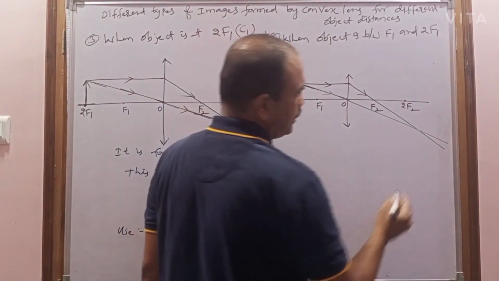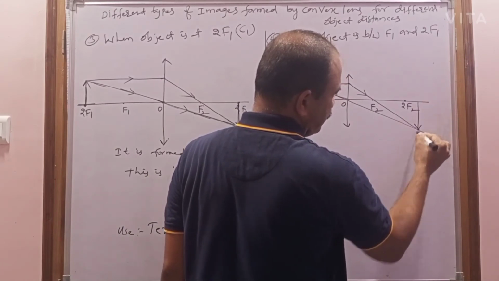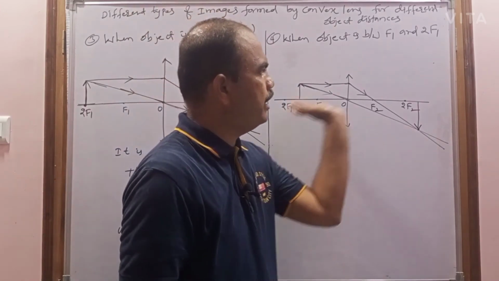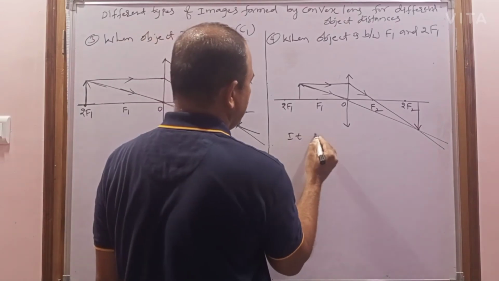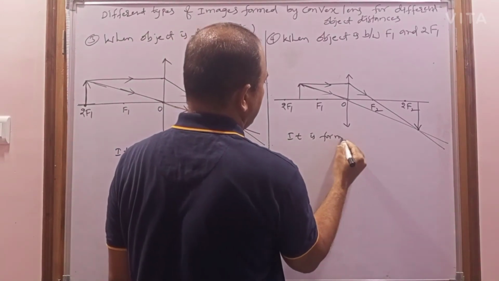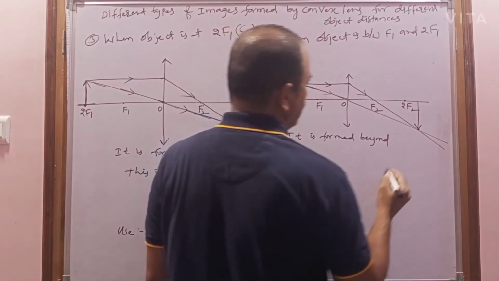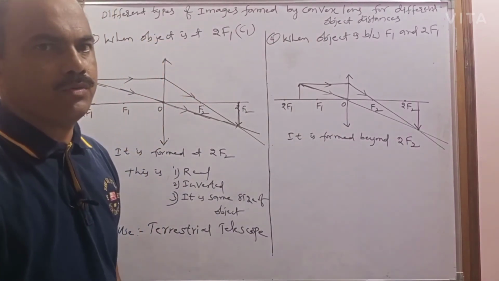Where the refracted rays intersect, the image is formed. That's why this image is called real. It is formed beyond 2f2.